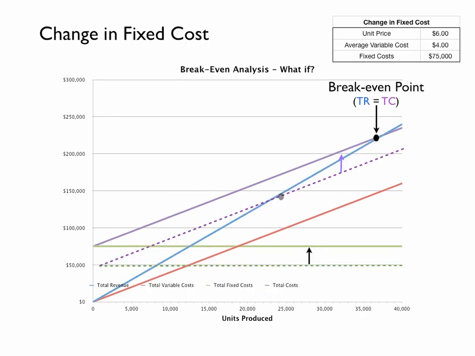When the fixed cost increases from $50,000 to $75,000, the fixed cost line and the total cost line would shift upwards. This leads to a higher break-even point, which means that the business needs more volume of quantities sold in order to break even, making it more vulnerable to a loss.